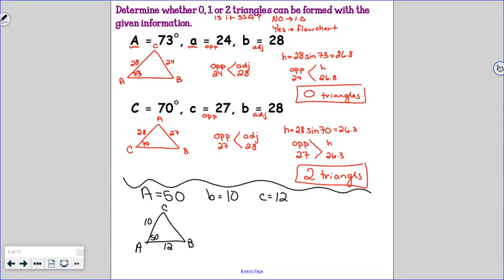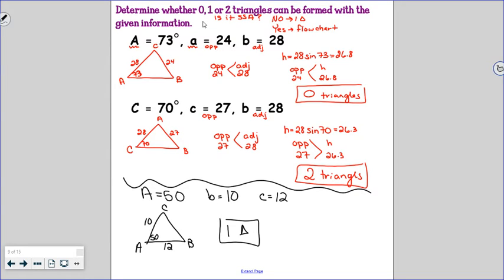Don't forget the first question. Is that a side-side-angle? No, that is a side-angle-side. There is one and only one triangle that can come from that piece of information. I don't have to do any of this. My answer is one triangle. No work, no comparing, no nothing.